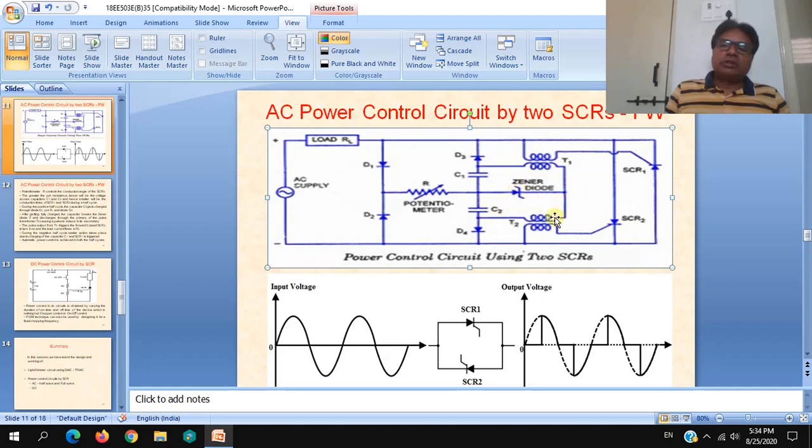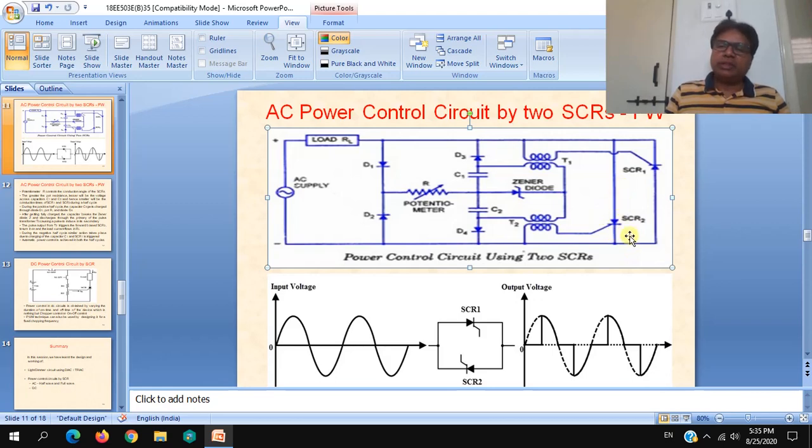Once there is a current pulse fed to the transformer primary, obviously a corresponding pulse is induced in the secondary, and that secondary pulse will enter into the gate of SCR2, as the secondary of the transformer is connected between gate and cathode of the SCR, acting as the gate triggering voltage between the gate and the cathode of SCR2.